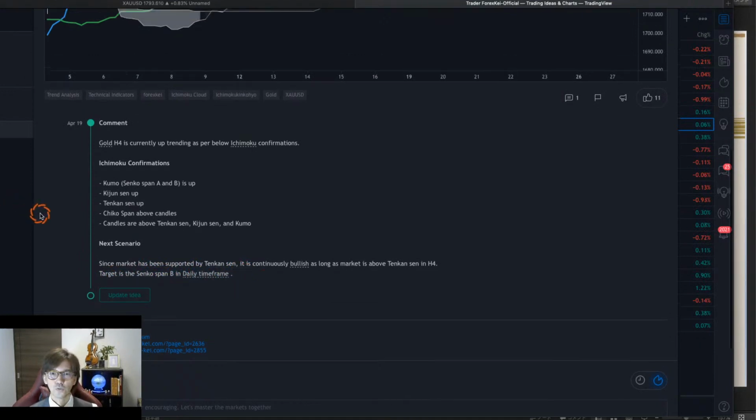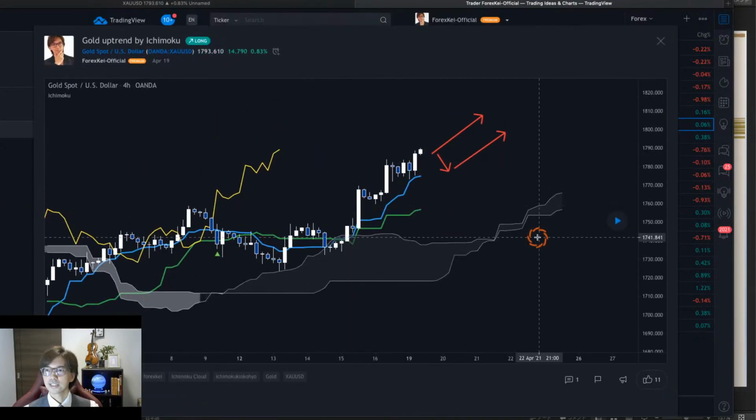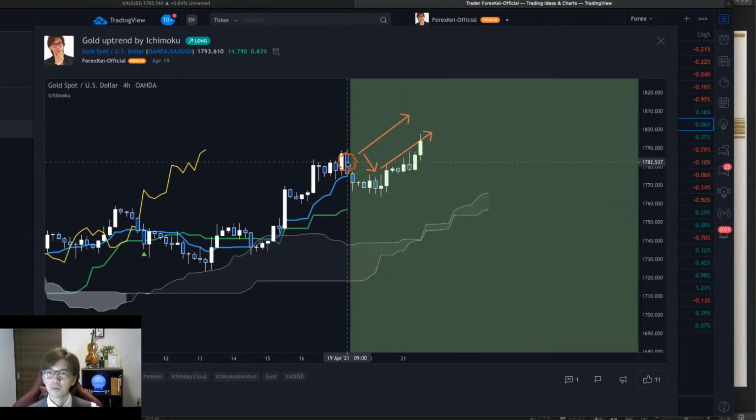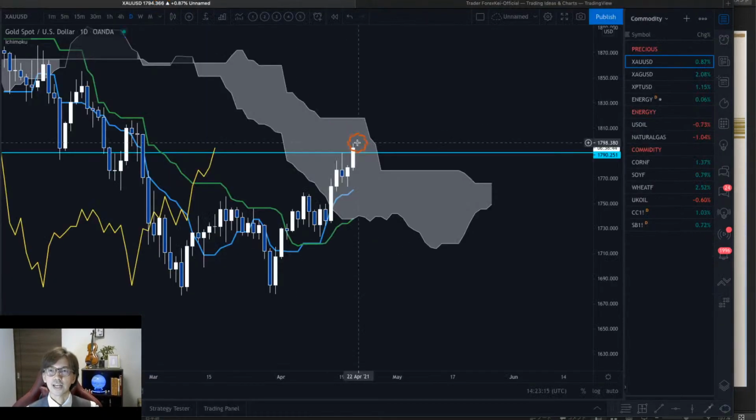So this is in the forward chart as attached, and I just forward the candles, and now looks like the market broke the Tenkan-sen but is still supported by the Kijun-sen and still trending upwards. And looks like the market is still heading towards the Senkou Span B level.